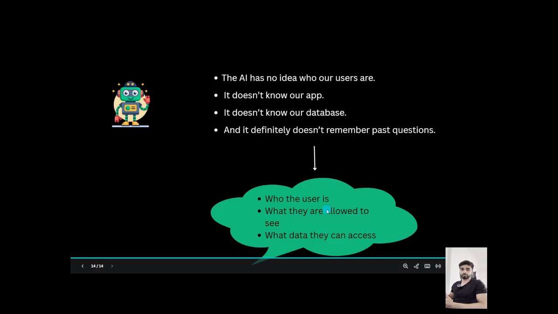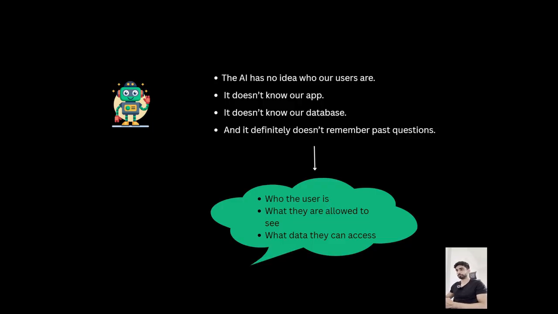Not because we want to, but because AI cannot reach that information on its own. And since there is no standard way to connect AI with our app's context, we end up doing the same work again and again by sending it in a single prompt. It is not scalable, it is not clean, but for a long time, it was the only option we had.